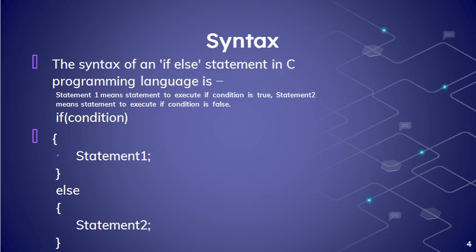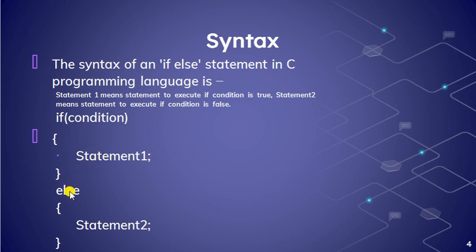So here we have a condition. First evaluate this condition. If it is true, then statement 1 will be executed. Then the control will go out of this if statement. Here statement 2 will not execute if the condition is true. If the condition is false, statement 1 will not execute.